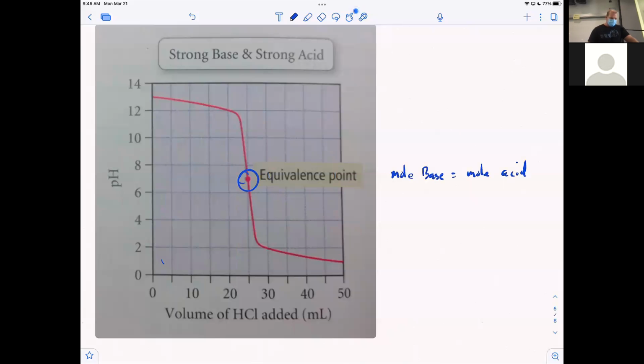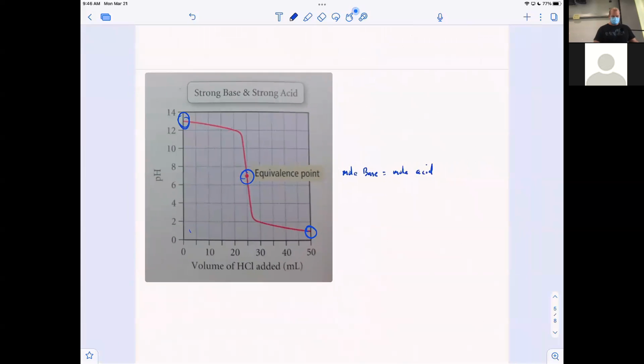And same rule. You start off here with a pH of 13, so it's a 0.1 molar solution of strong base. And you're titrating with a 0.1 molar solution of strong acid, because the asymptote for the x-axis is at a pH of 1. So, questions so far?